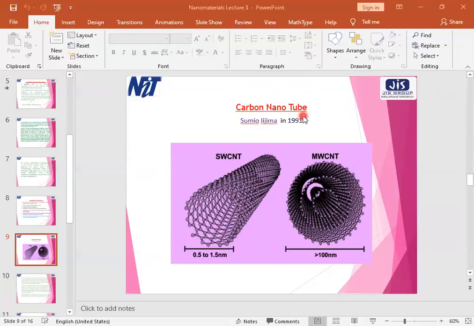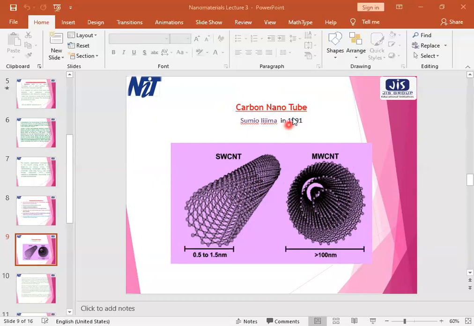I told you that graphene is the strongest material, and this carbon nanotube is made of graphene. This carbon nanotube was invented by Sumio Iijima in 1991, before graphene. So the concept of carbon nanotube was given by Sumio Iijima in 1991, before graphene, whereas it is made of graphene.